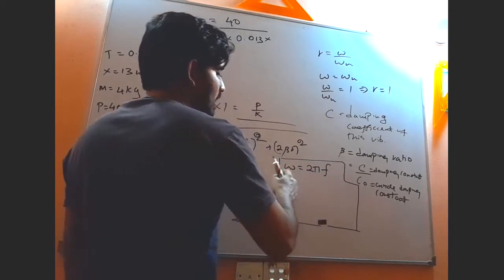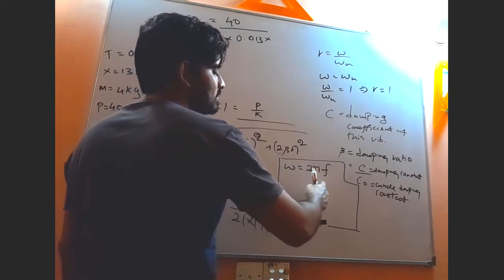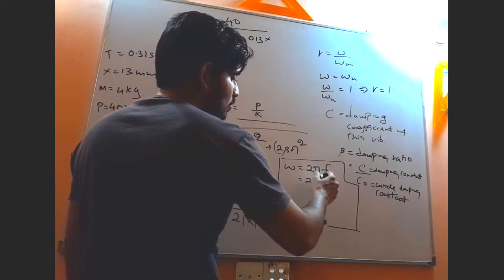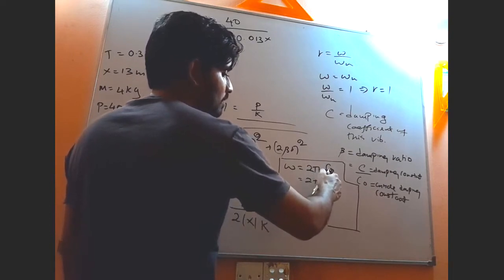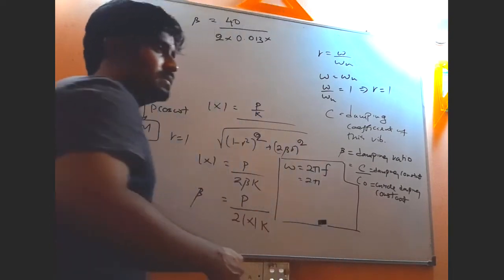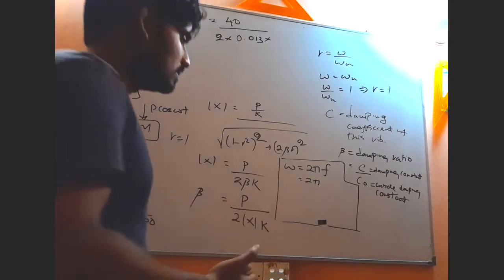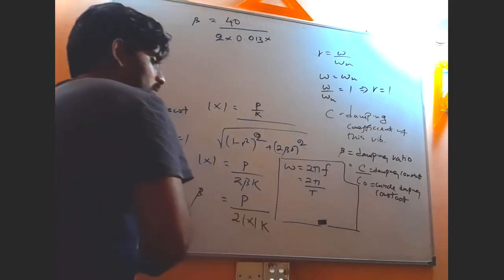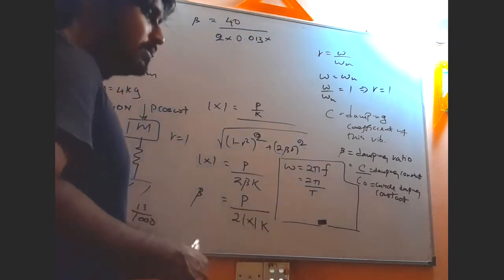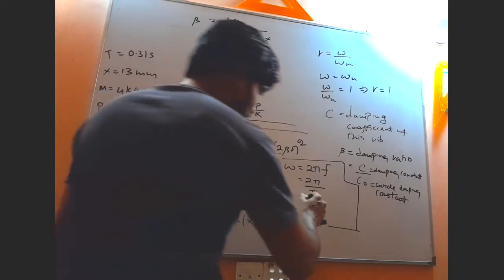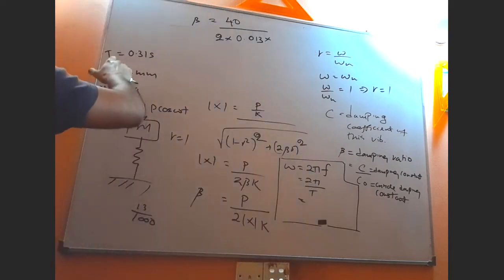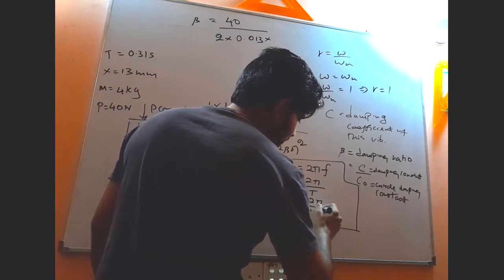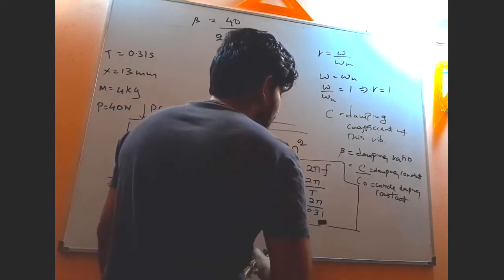That means angular speed equals 2 pi times the frequency, and the frequency is the reciprocal of the periodic time, so 2 pi divided by T. You know the periodic time, 0.31 seconds, so 2 pi divided by 0.31.